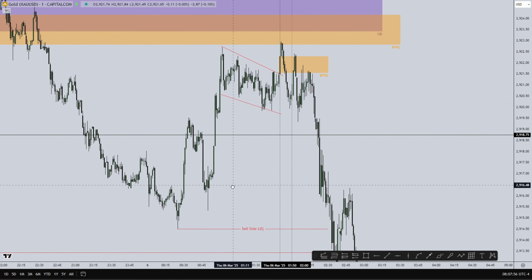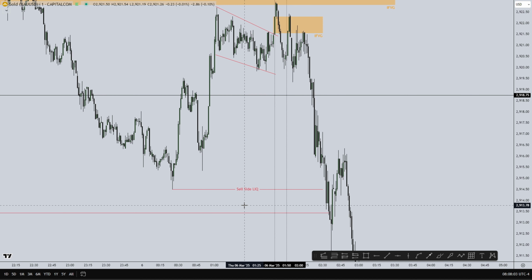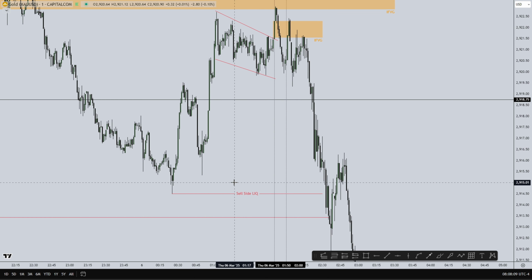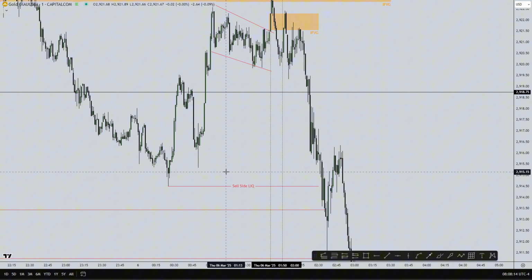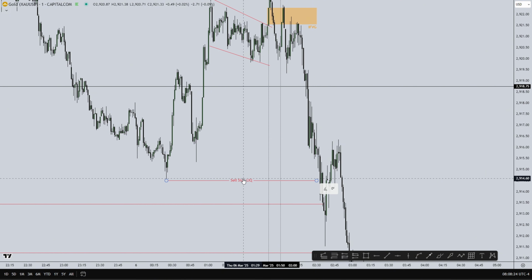If you analyze the chart carefully, you will notice that the sell side liquidity was very clearly defined. Many traders fail because they do not properly identify the liquidity levels, meaning they don't know which direction the market is more likely to move toward. And this is a critical mistake that leads to unnecessary losses.